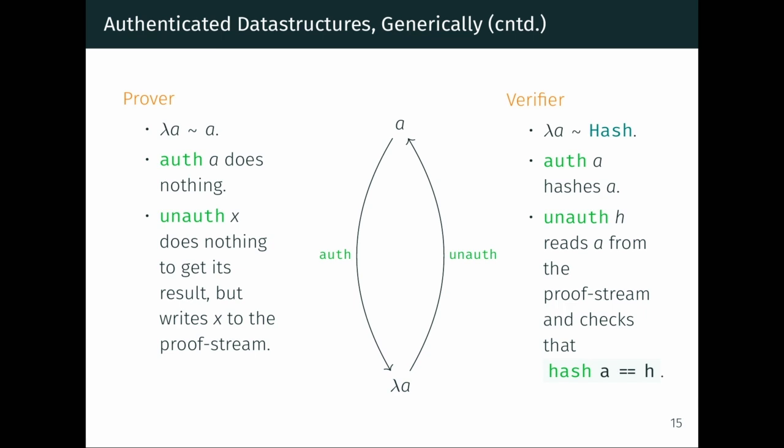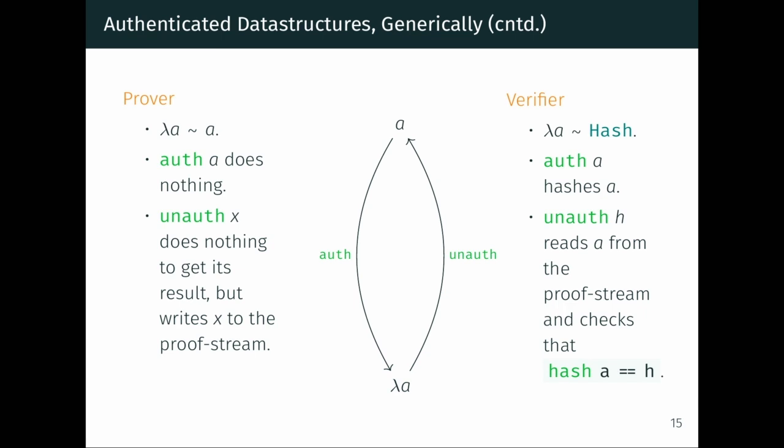So when the compiler for the prover sees an unauth X, it just removes it, because it's the identity, so the value is clear, but then it takes that X and writes it in the proof stream in serialized form. And on the verifier side, there it only has this hash, but unauth is now supposed to produce an A, and it only has a hash. There's no way to get from the hash to the A. That's one of the properties of hash functions, and that's where the proof stream comes in.